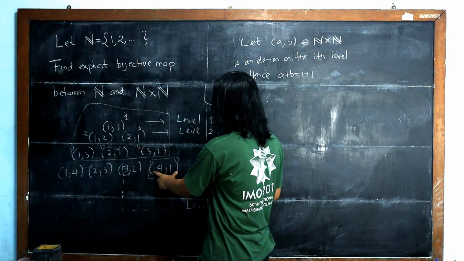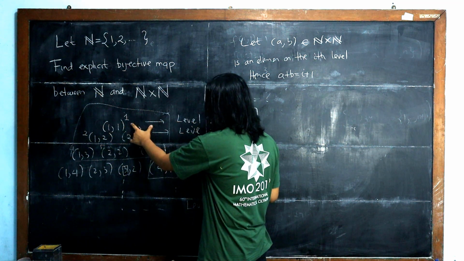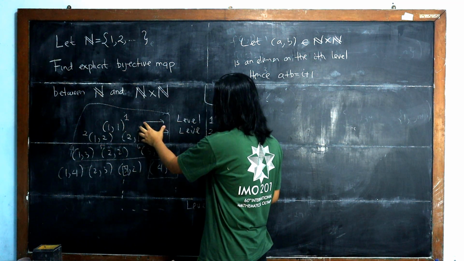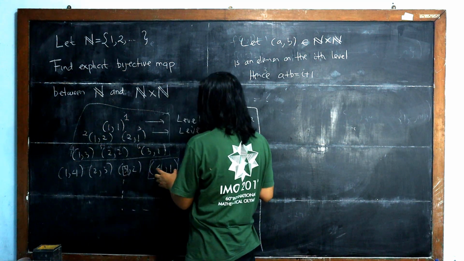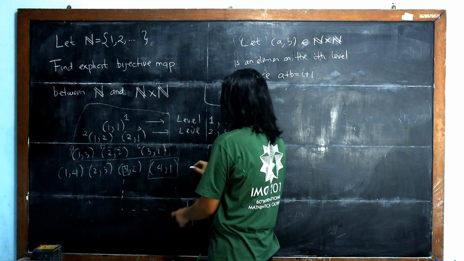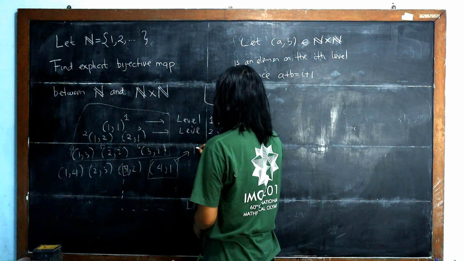So for this one, there are 6 elements on the previous levels, and then this element is the 4th element on its level. So it means this element is going to be mapped to 6 plus 4, which is 10, right?